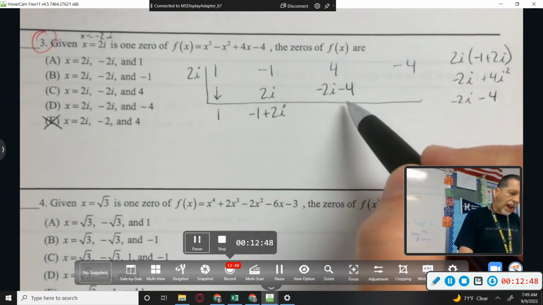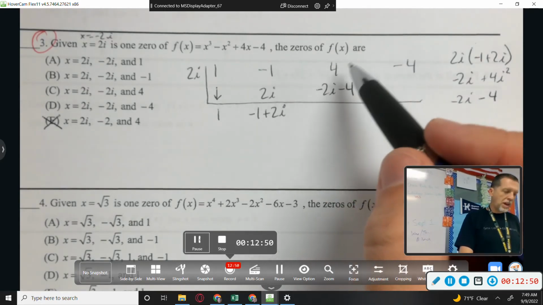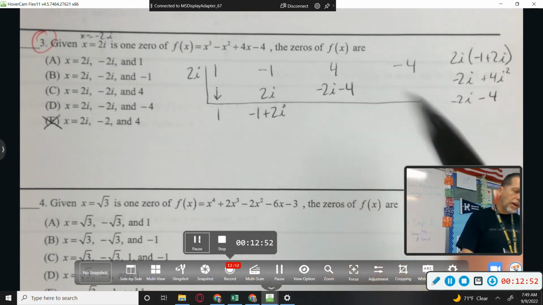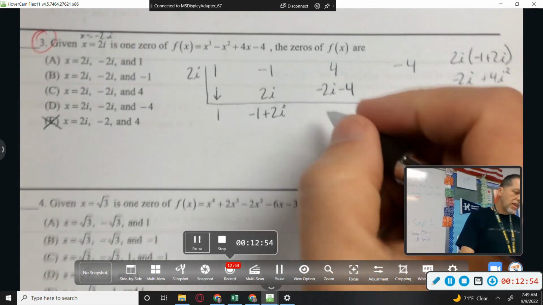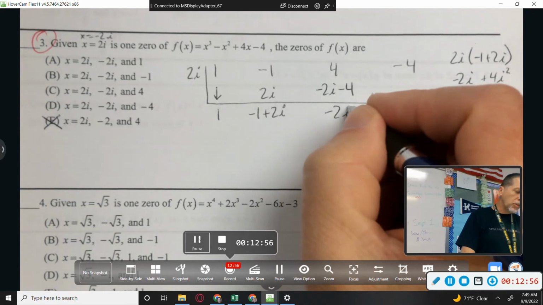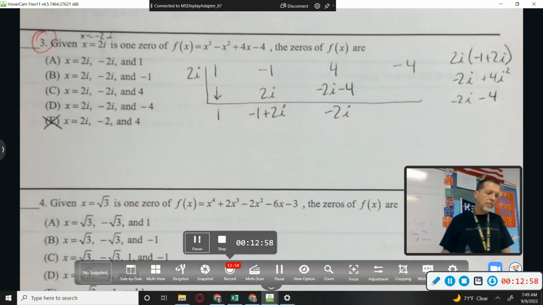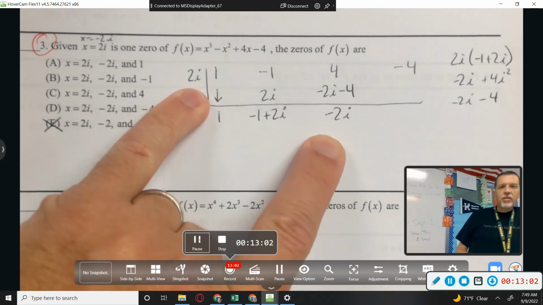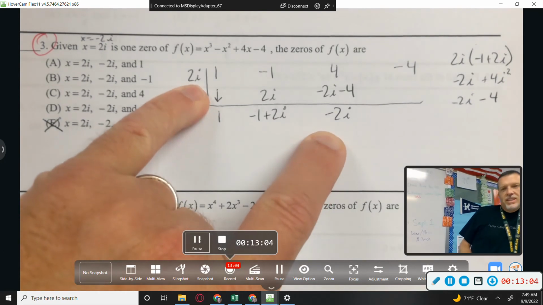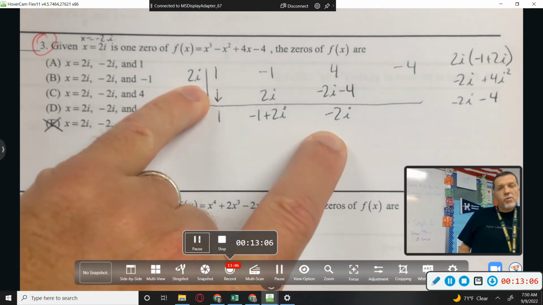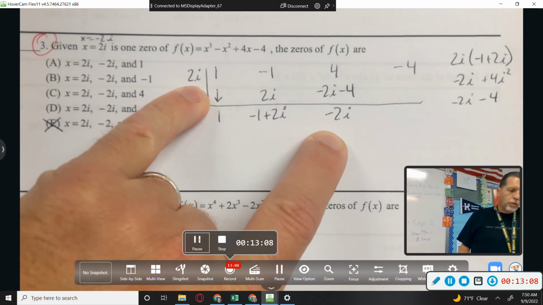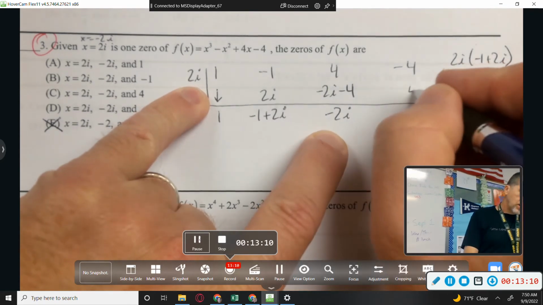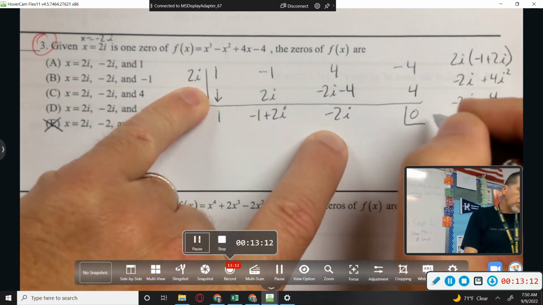All right, if we add these, what do we get when we add 4 and then negative 2i minus 4? Negative 2i, the 4's go away, so that's kind of nice. And then 2i times negative 2i, that would be negative 4i squared, which would be a positive 4, which makes sense because we're supposed to get 0 at the end.